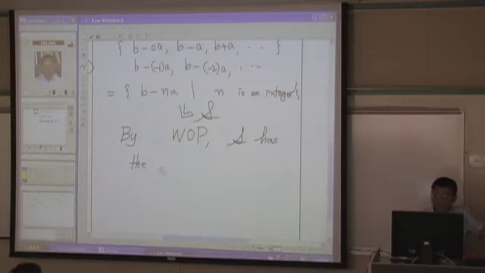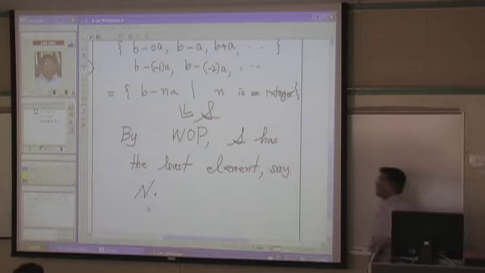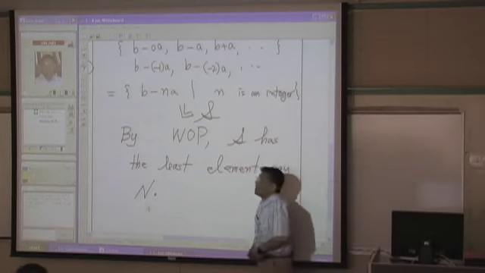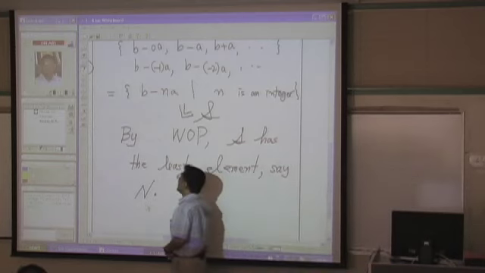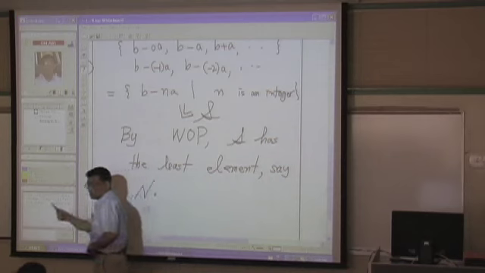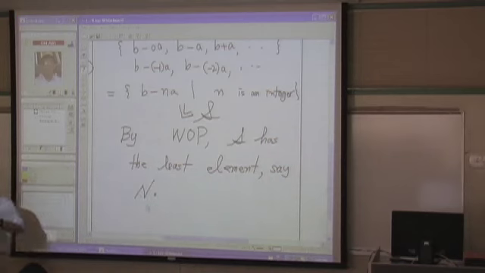The least element, say any letter. So let's say capital N, right? In other words, this is a set. Then by the well-ordering principle, the set should have the least element. So we call that least element capital N. Do you follow me?